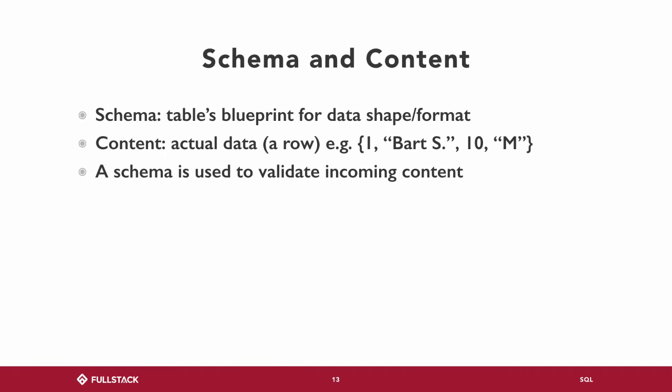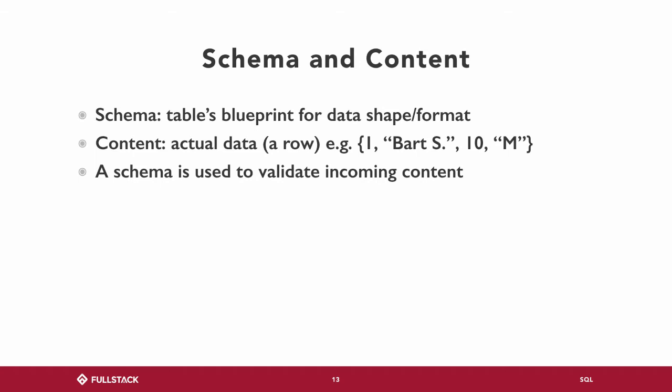So the difference between the schema and the content. The schema is going to describe the blueprint for the data, another way of saying that is the shape for the data. So, for instance, in a user table, we might have a field for the first name, which is going to be a string, a field for the last name, which is going to be a string, and maybe we have a date of birth, which is going to be a date field.